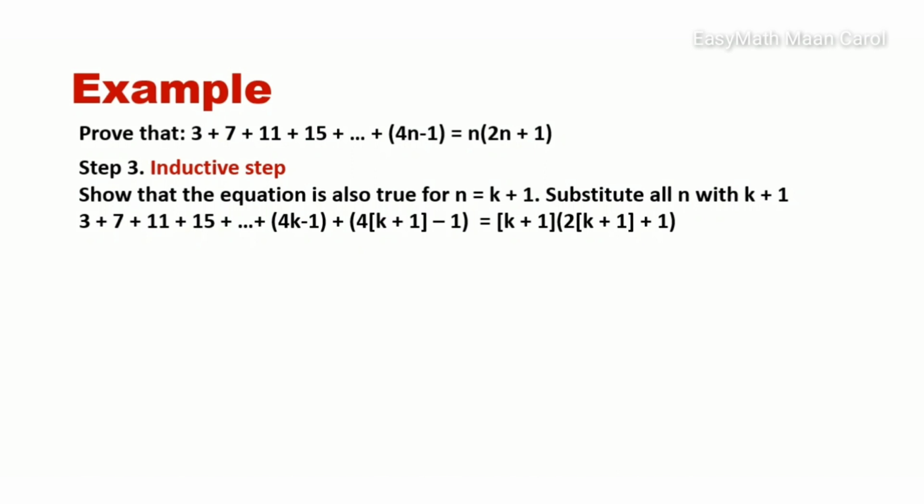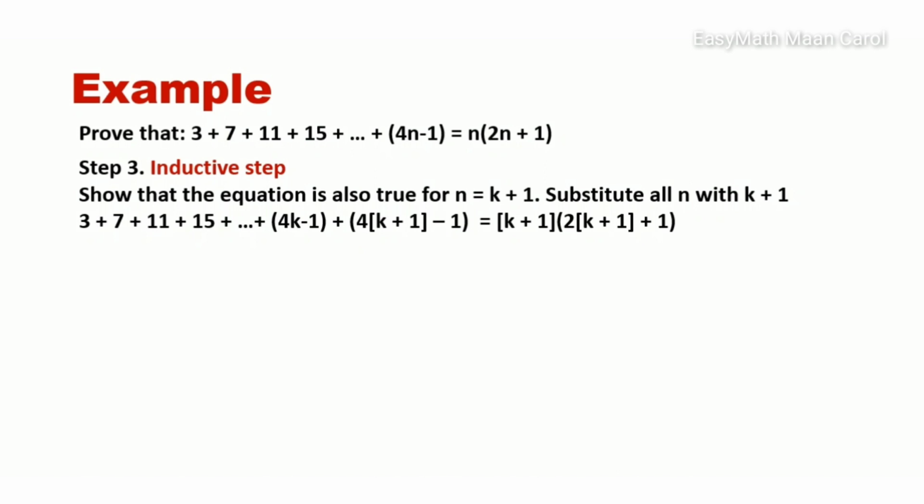Itong 4k minus 1, kung natatandaan nyo, sabi ko dun sa step 2, tandaan nyo. So, ano yung susunod na term ng 4k minus 1? Ang susunod na term niya ay itong sumunod na expression na 4 times the quantity k plus 1 minus 1. So, yun.